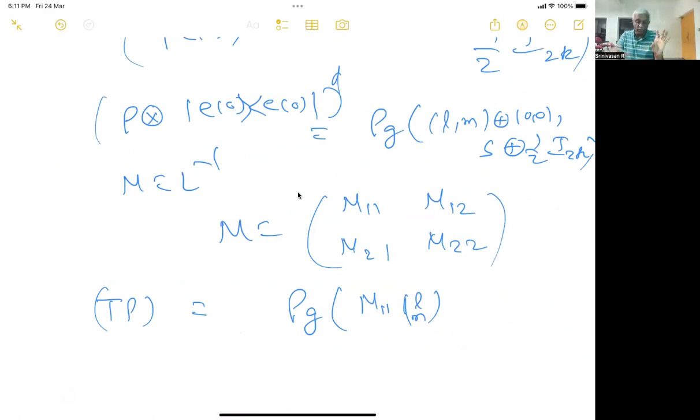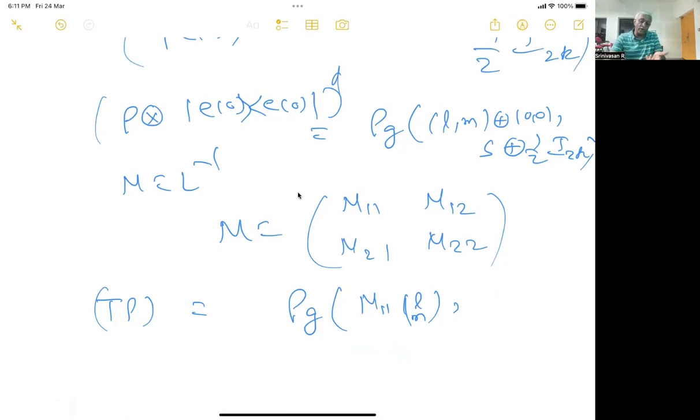Because you will get an M21 there, but when you take only the first n part, M21 will bring in something, M21 times 0, 0. That is 0. So there is no other thing. M11, that's all. That is 0, 0, because the mean has mean 0, there is nothing.